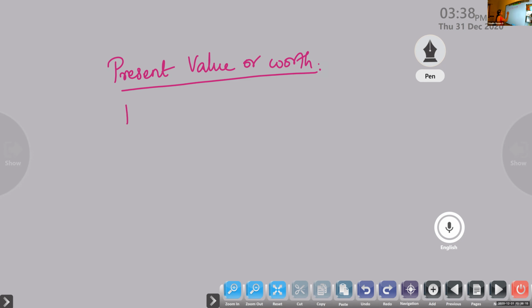The present value, we denote it as PV. Present value PV of a sum of rupees P due n years, that is after n years.